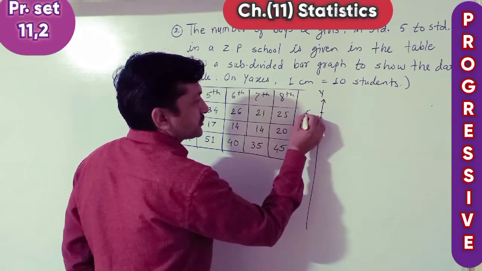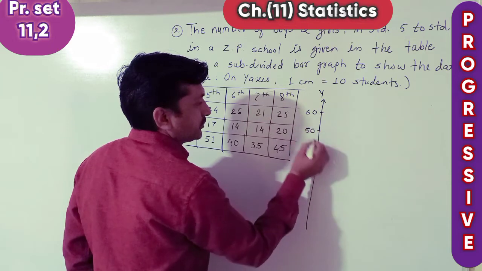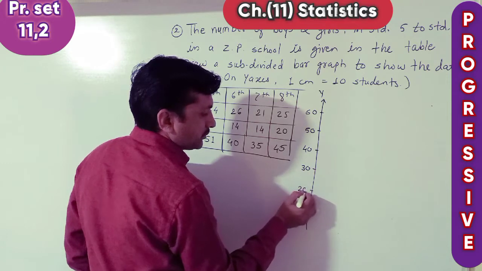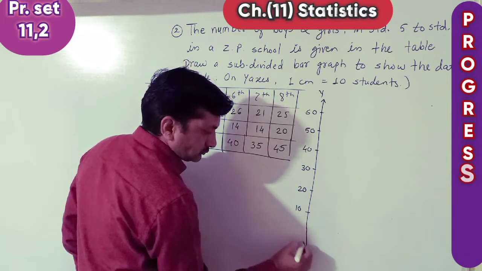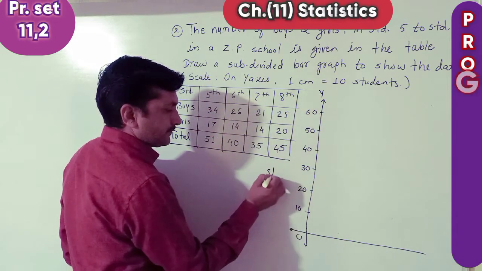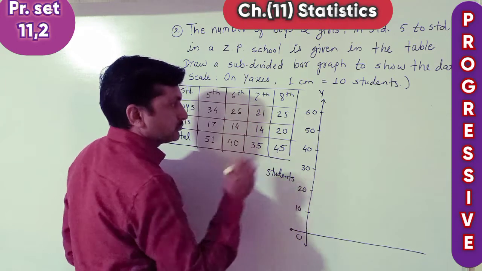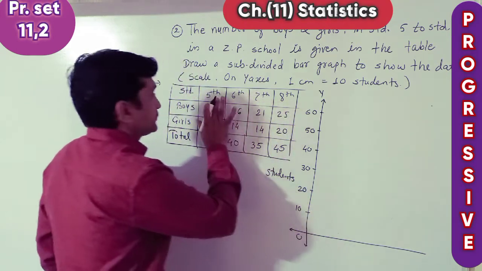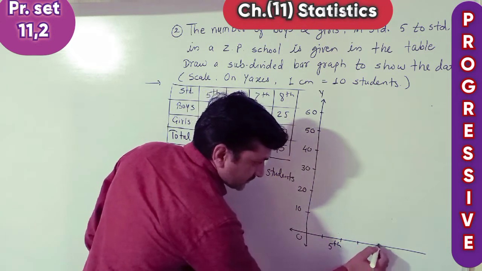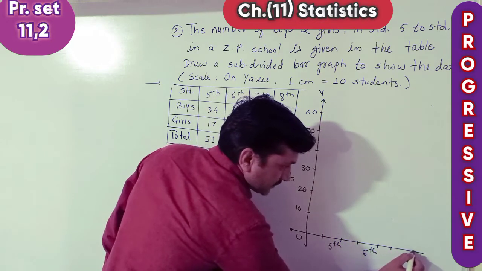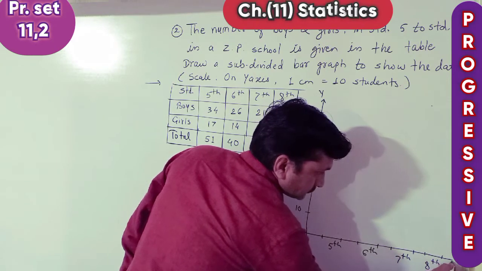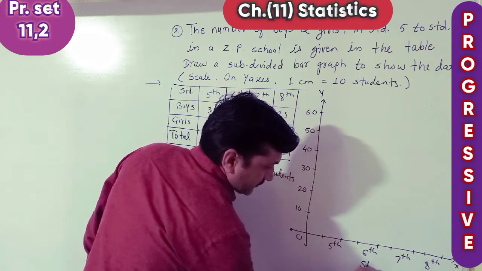Therefore here till 60: 60, 50, 40, 30, 20, 10, and here 0. These are the number of students. Now here the standards will be there: here 5th standard, here 6th standard, here 7th standard, and here 8th standard. On the x-axis these are the standards.